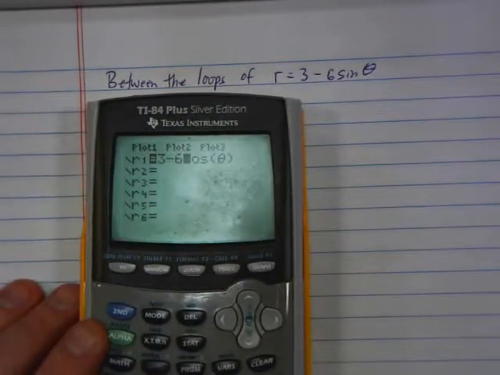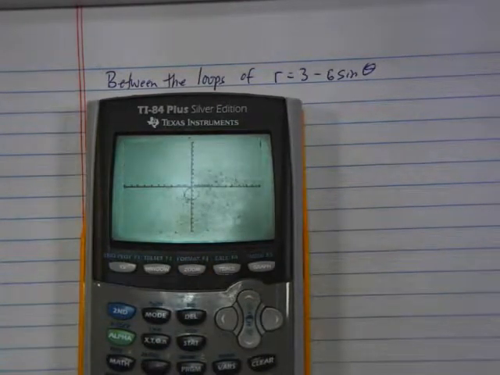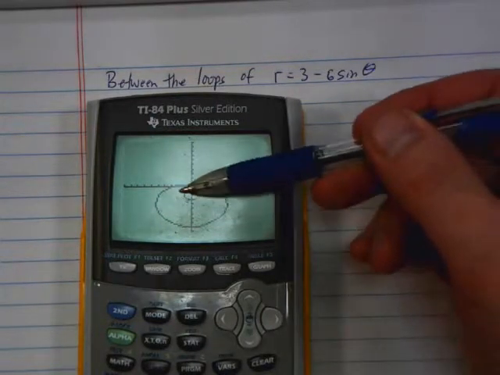Okay, so what does it mean when it says between the loops? Subtract the area of the little one and the area of the big one. Correct. What I want is the area inside the big one, but outside the little one.